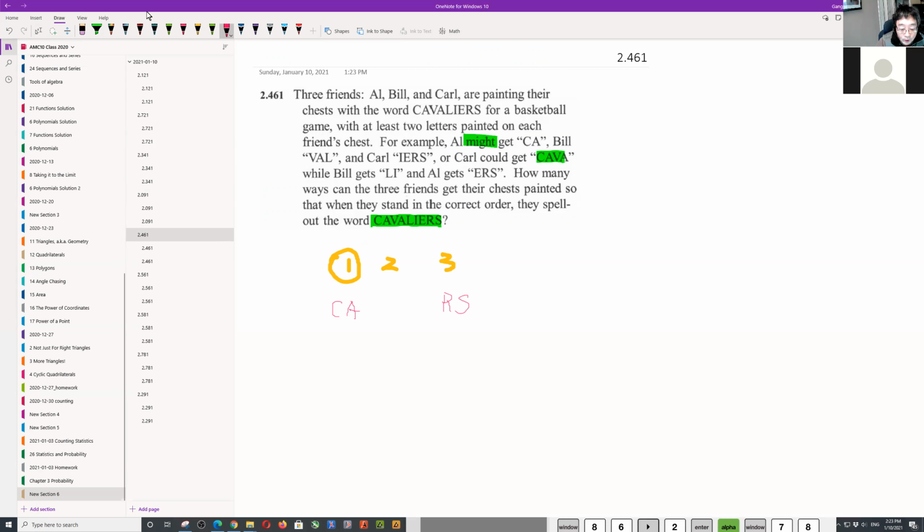So we have VA, L, I, E, these 5 letters up for grabs between those 3 people.